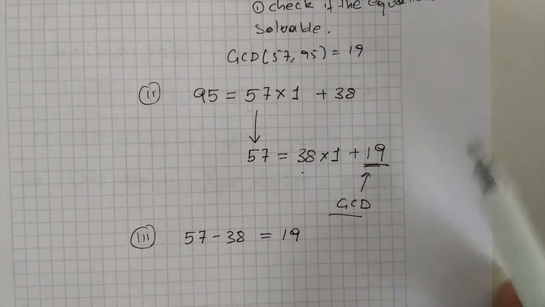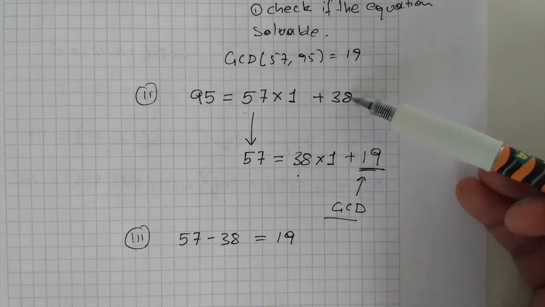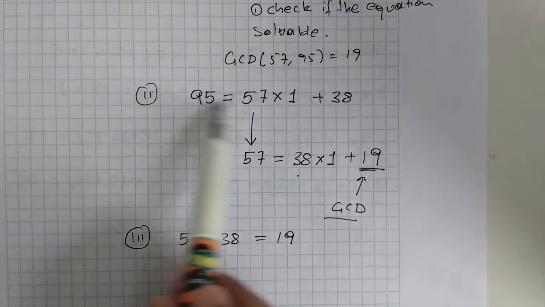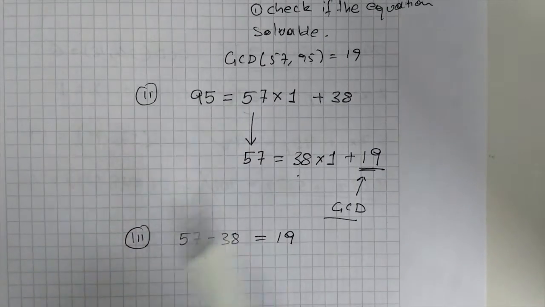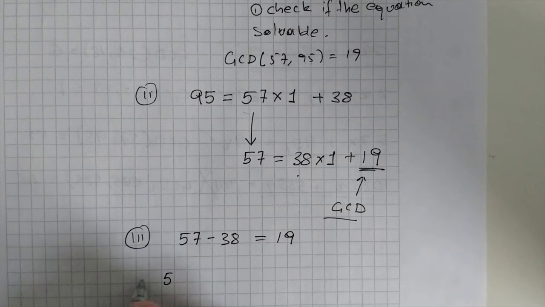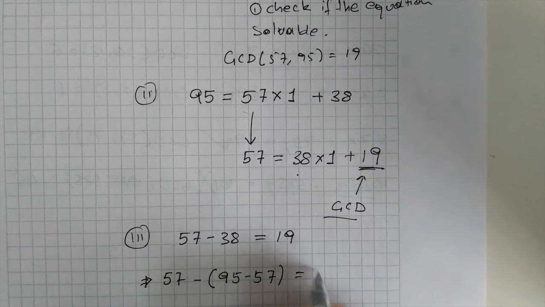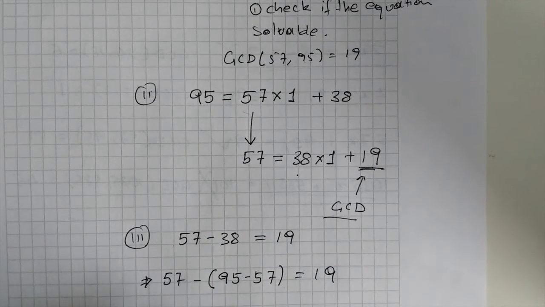In the second step, our first equation was written in this manner, so we can substitute. In place of 38 we can write 95 minus 57, so 57 minus (95 minus 57) equals 19.